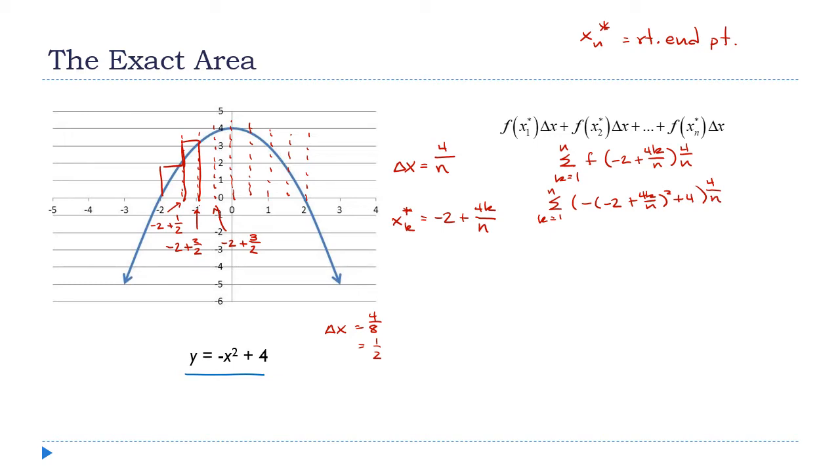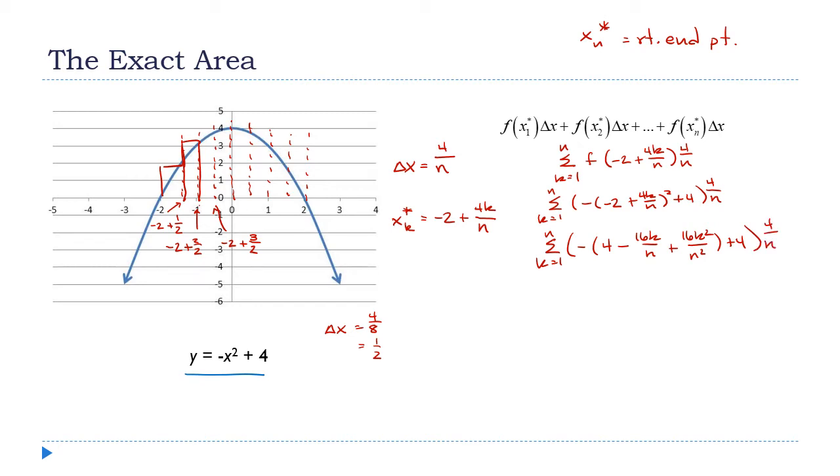If I multiply this out, this becomes the sum k equals 1 to n of negative 4 minus 16k over n plus 16k squared over n squared, plus 4. Still times, don't lose track of that 4 over n. It's easy to lose track of it since we're not changing it.